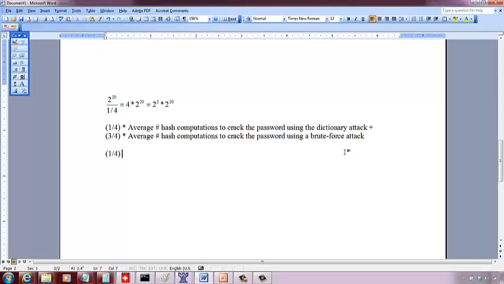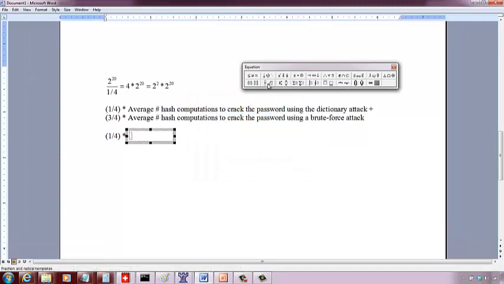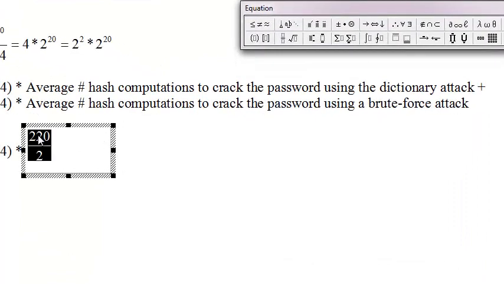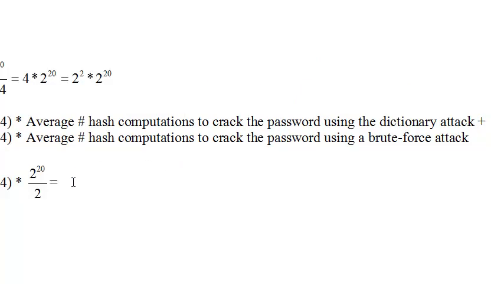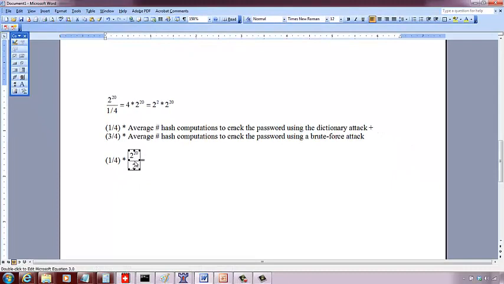1/4 times, I'm going to just copy this from here, 2 to the 20 over 2. This is the average number of hash computations that he has to do to crack the password using the dictionary attack.